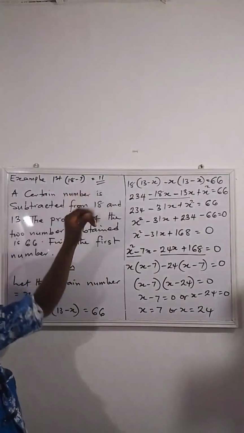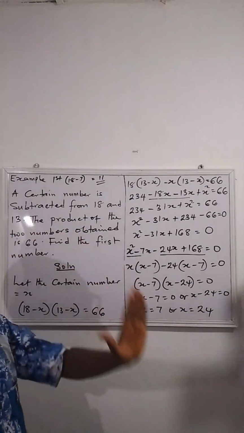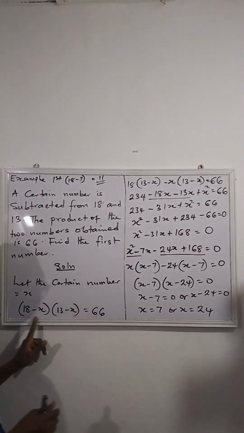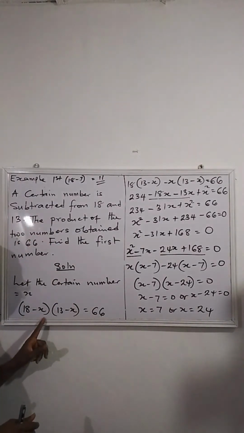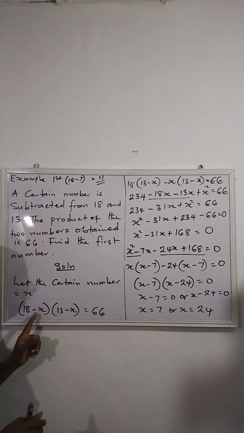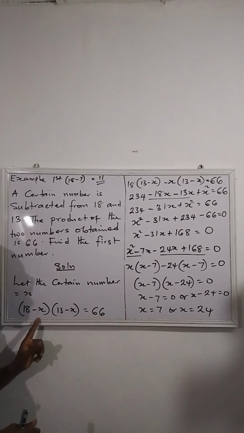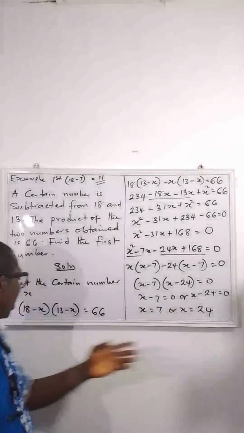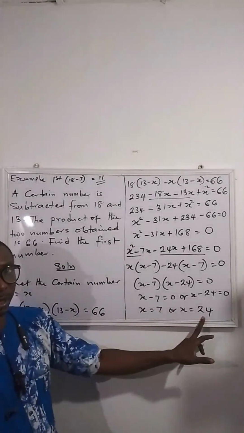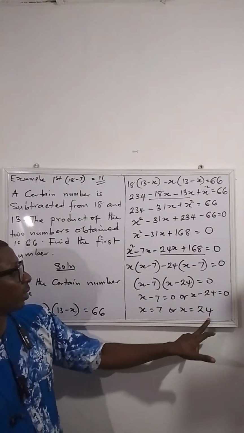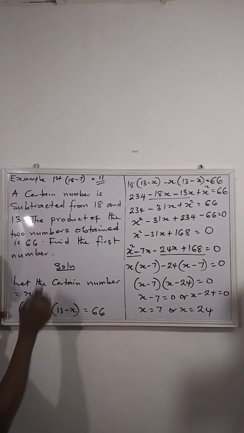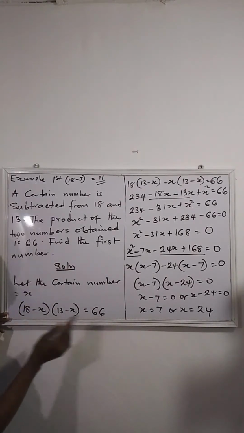So now the question asks you to get the first number. So the first number now is this 18 minus x, and since our x is 7, so you subtract. Now you can also try the other value, x equals 24. So now you have 18 minus 24.